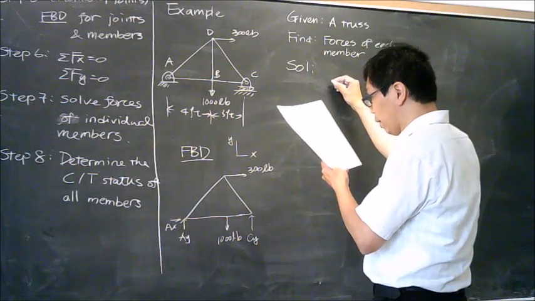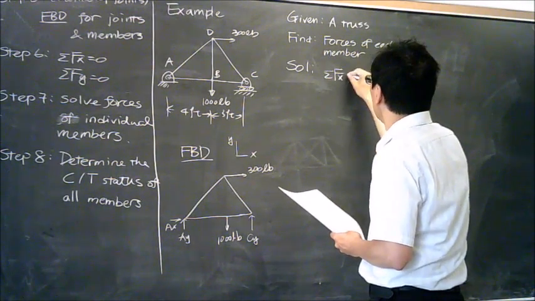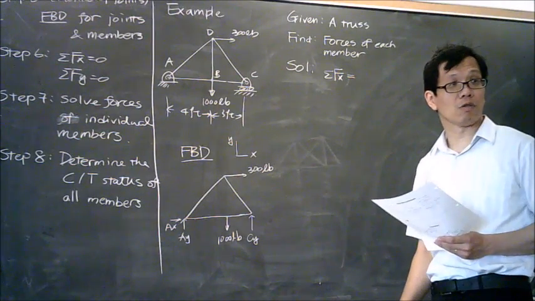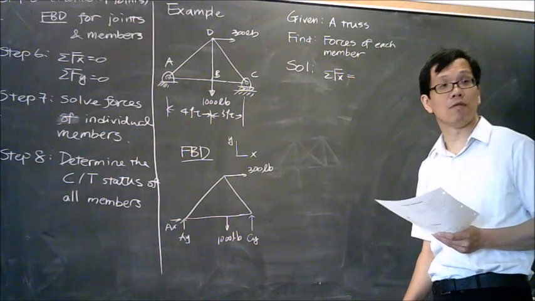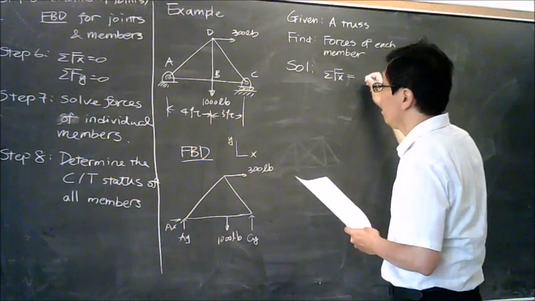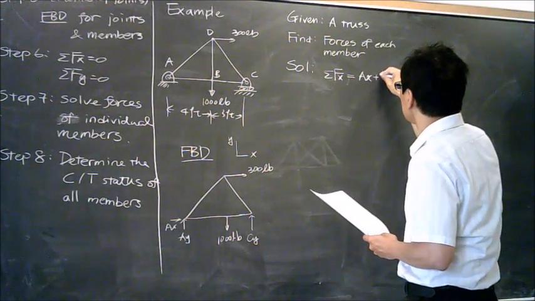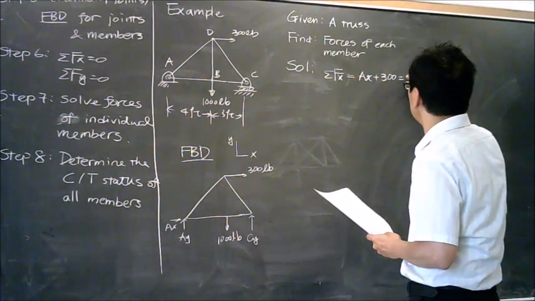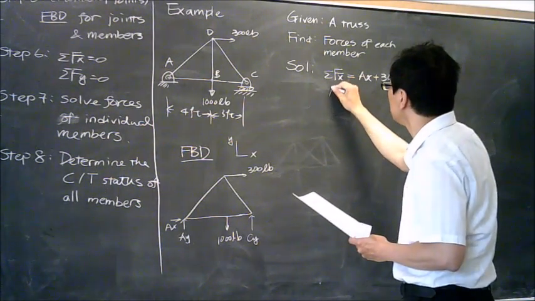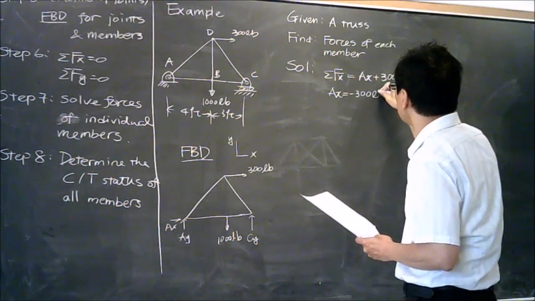So when I do my free body diagram, I have 3 equations: Fx equals 0, Fy equals 0, and the moment about z equals 0. So at this point, Fx equals what? Ax plus 300 pounds equals 0, which means Ax equals negative 300 pounds.